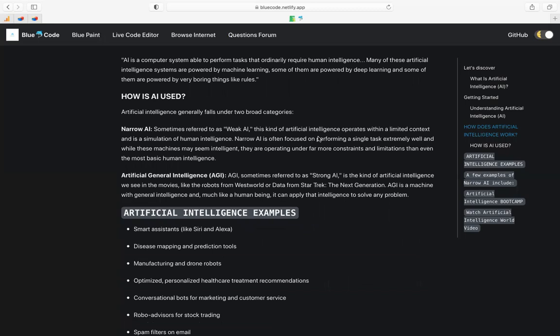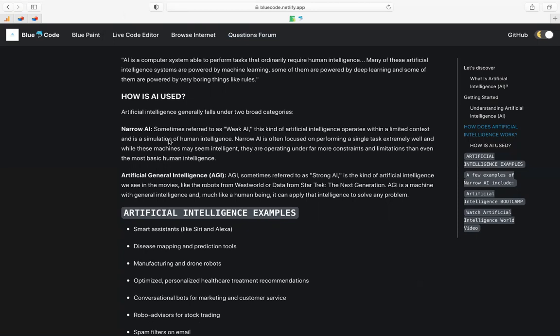Now, how is AI even used? AI is grouped into two main types or categories. One, we have the narrow artificial intelligence.